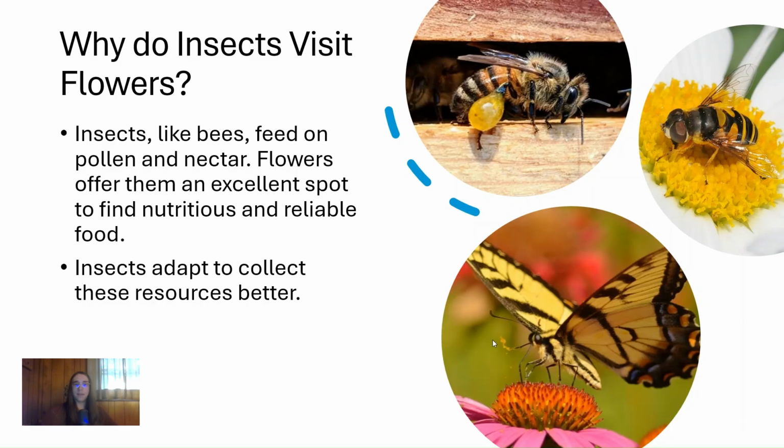So this incentivizes insects to come to flowers, collect those resources, and then visit other flowers. And pollinators will adapt to make collecting pollen and or nectar a bit easier for them.